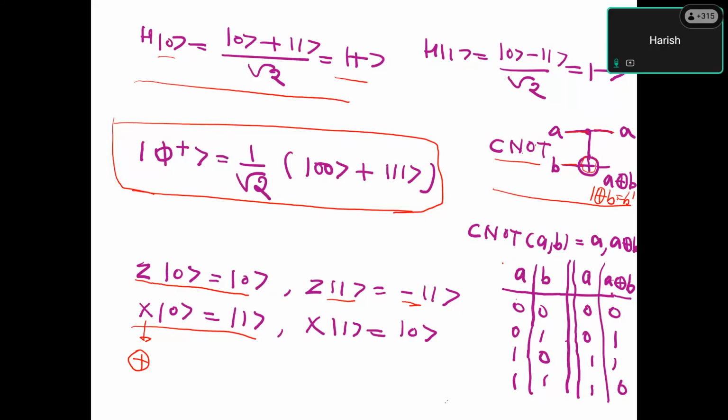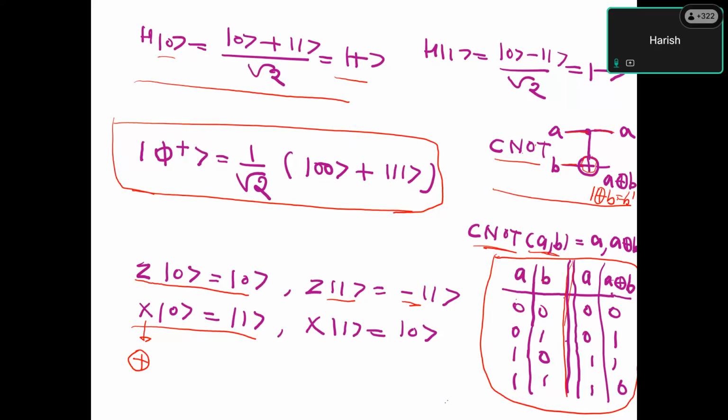If you want to see it as a truth table, A and B can take the values 00, 01, 10 and 11, and when we apply this CNOT gate on the AB qubits, A will remain the same because it is the control qubit.